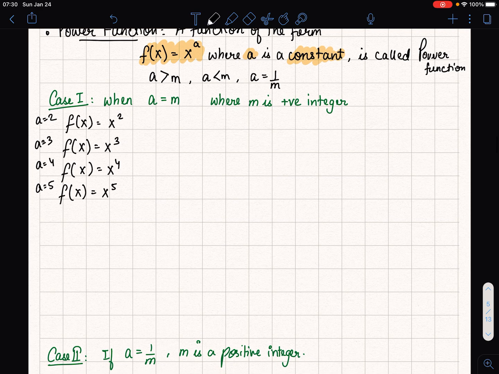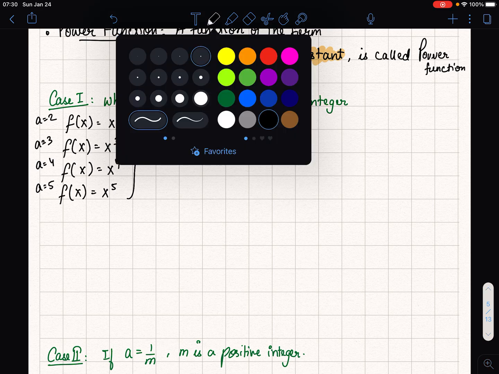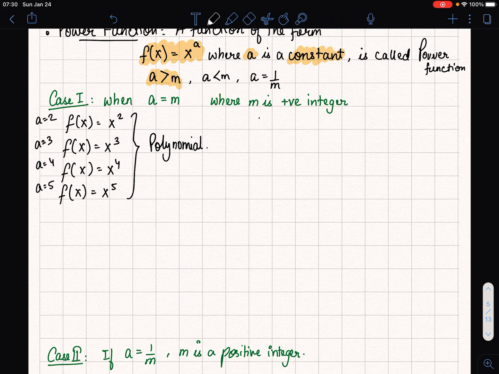Case 1, when a is equal to m, where m is a positive integer. The moment you plug in m as a positive integer, notice that f of x turns out to be a polynomial function. The first function, that is f of x equals x squared, gives me a parabola.